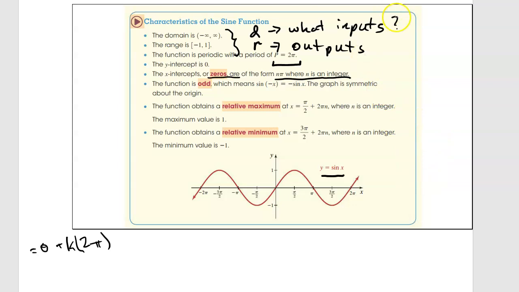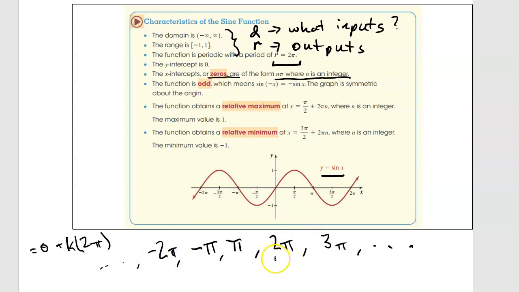So n is going to be an integer. That means that pi is going to be a 0, 2 pi is going to be a 0, 3 pi is going to be 0, and so on. Similarly, negative pi is a 0, negative 2 pi is a 0, and so on.